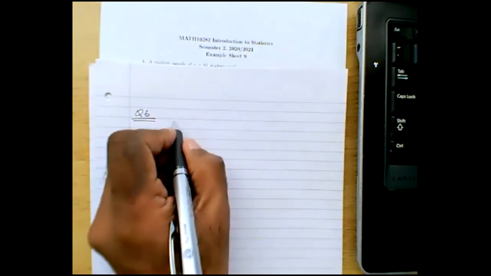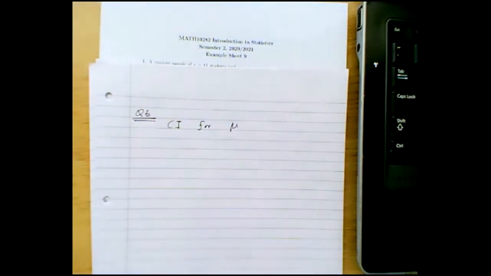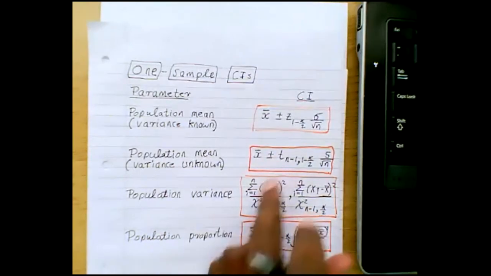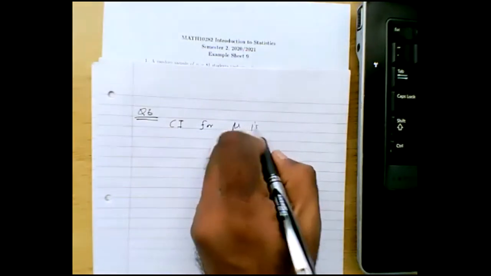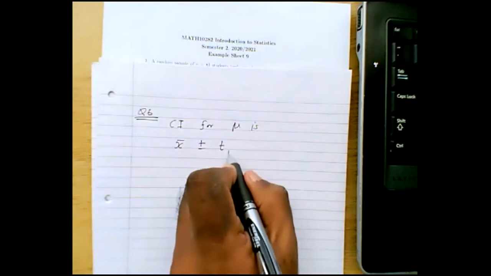So the first thing is the confidence interval for mu. Let's look at this one more time. The one we're going to use is this one. It's going to be x bar plus or minus t.